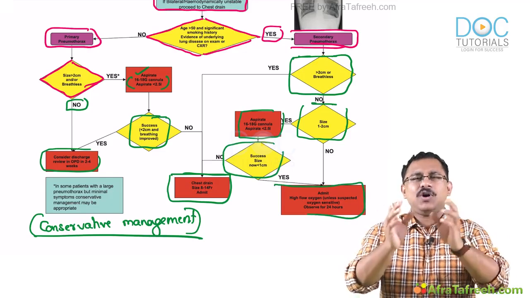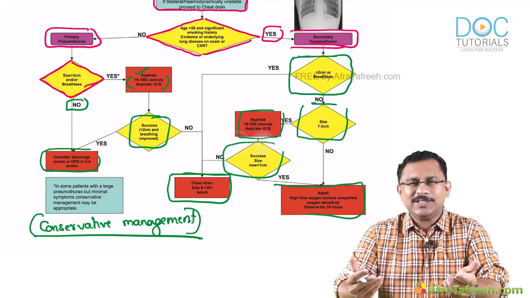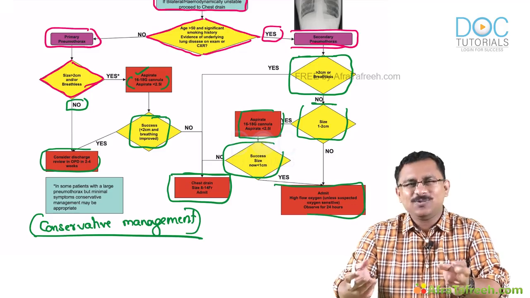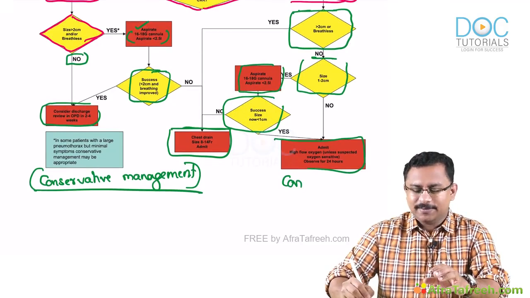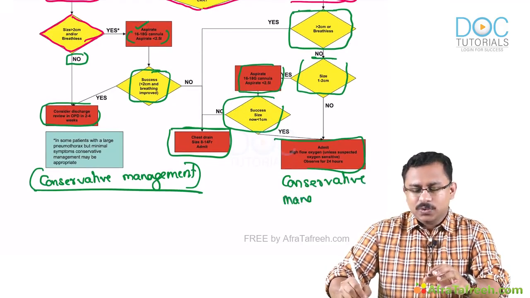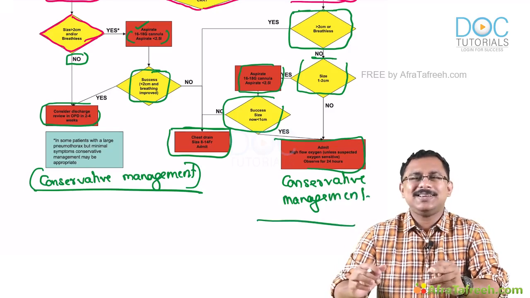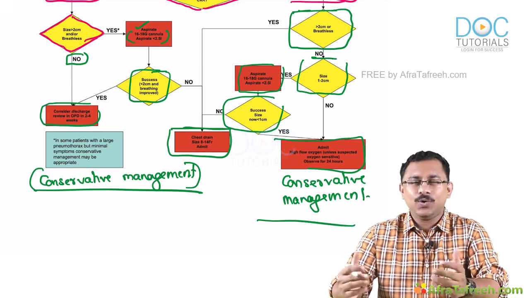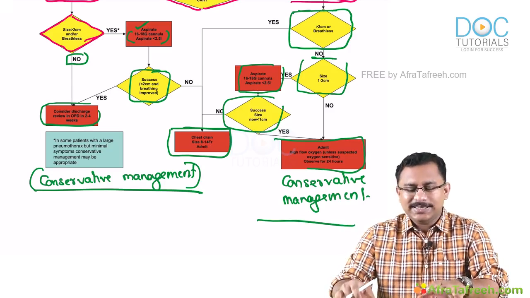But for a very, very small pneumothorax, even if it is a secondary spontaneous pneumothorax, you can go for conservative management. You must give the patient oxygen, monitor the oxygen levels, and always watch out for the hemodynamic parameters also. A good evaluation is always necessary.